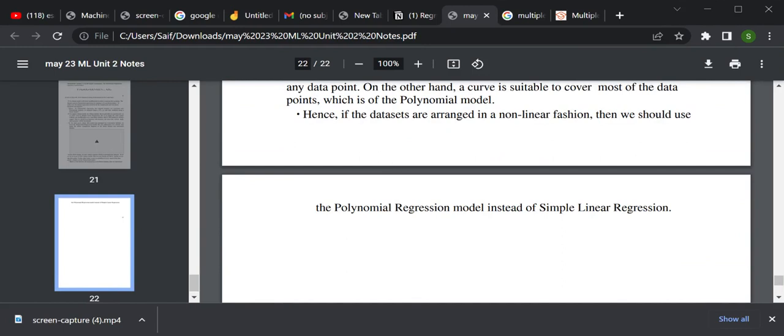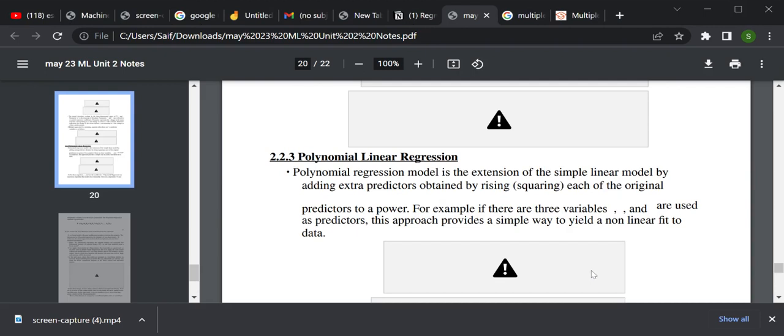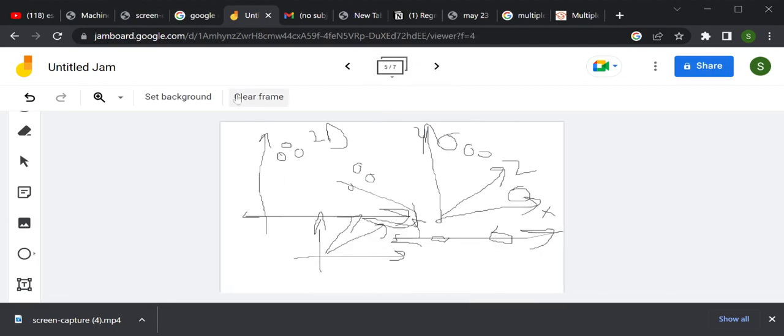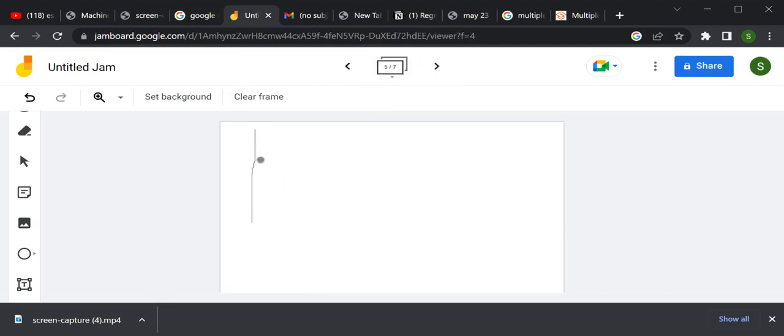Our topic that we were discussing was polynomial regression. Let's consider a problem of simple linear regression. We draw a graph with a y-axis and an x-axis.